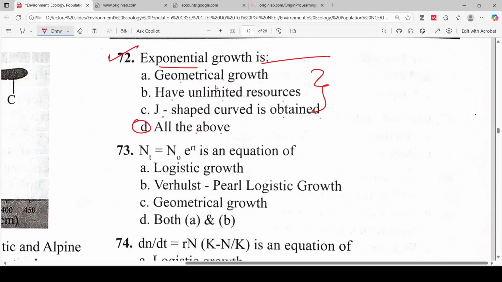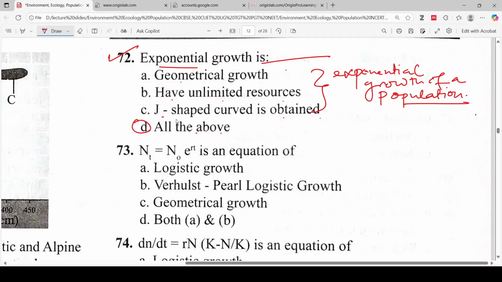These three characteristics are all characteristics of exponential growth of a population. Next question.